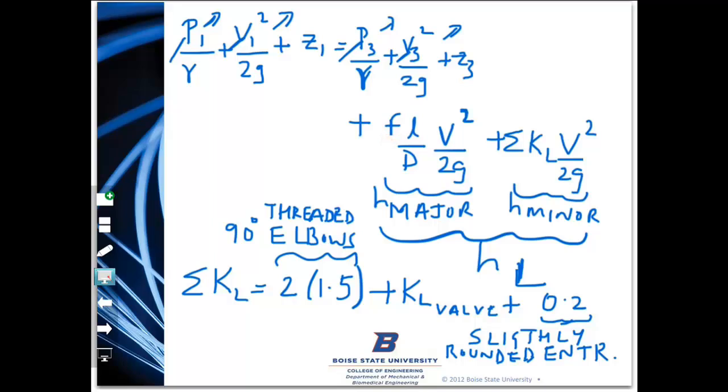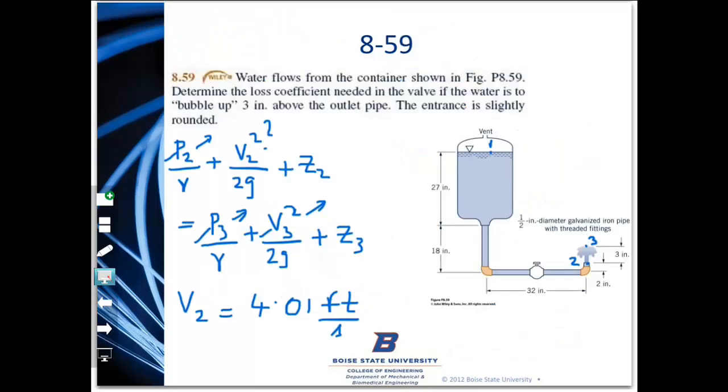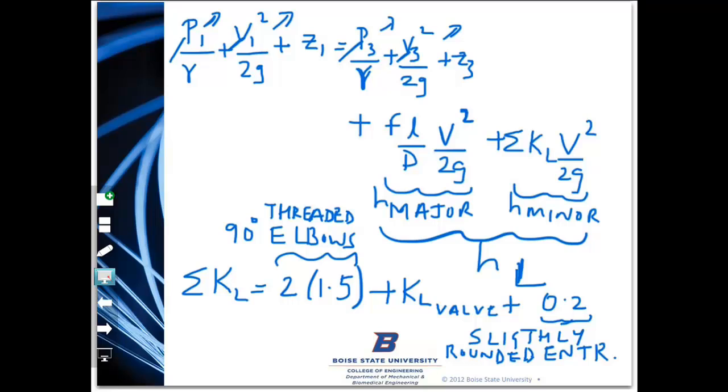You should be able to find Z3 minus Z1 by now. Just look at the figure here and you'll find exactly what Z3 minus Z1 is. And the length of the pipe is 18 inches here, 32 inches here, and about 2 inches here, so it's about 52 inches. That's the total length of the pipe.